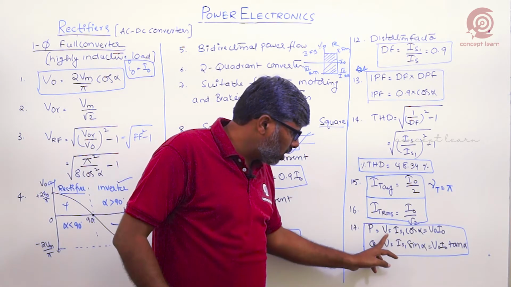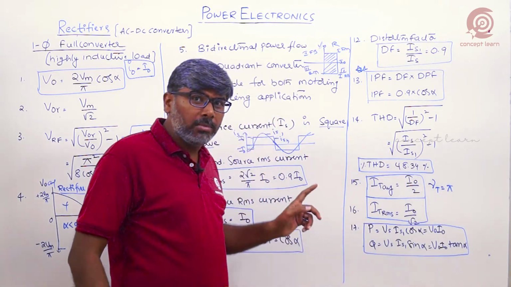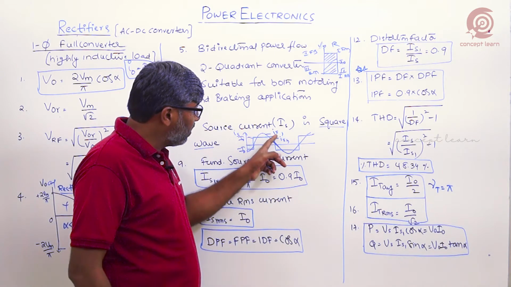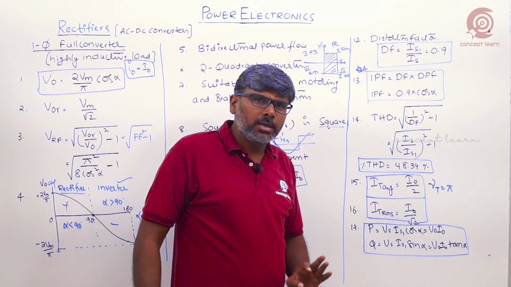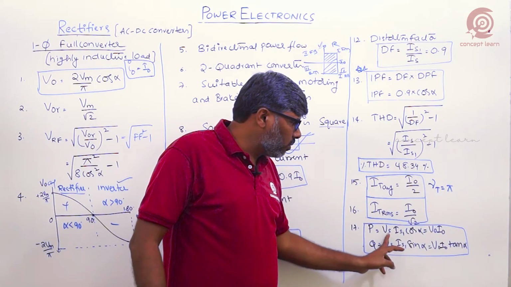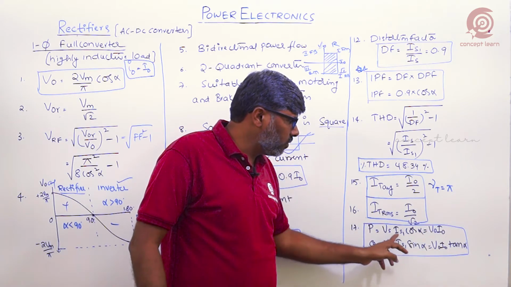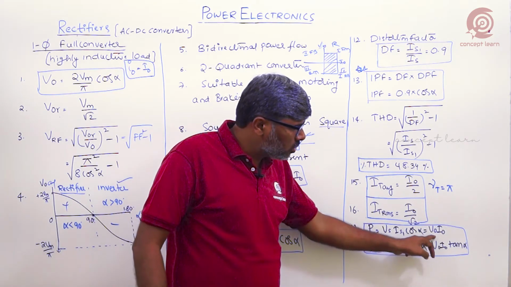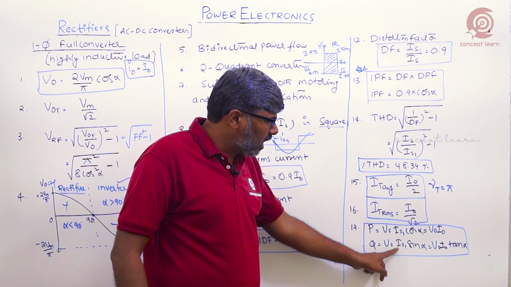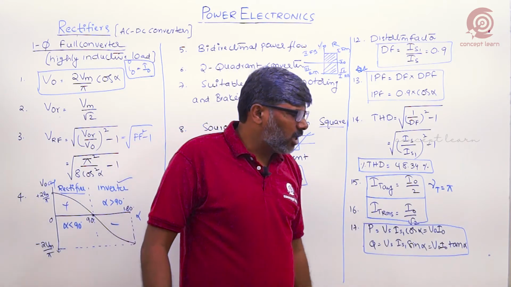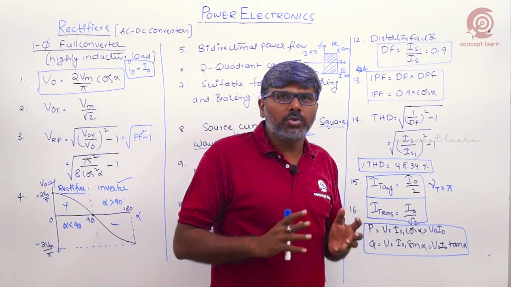We are supplying fundamental voltage, but the current Is is not only a fundamental quantity, it has both fundamental as well as harmonic components. But you should consider only the fundamental, right? Cos alpha is the phase angle between fundamental voltage and fundamental current, which is alpha. So the active power is Vs Is1 cos alpha, also the same as V0 into I0. Q is the reactive power, that is Vs Is1 sin alpha, that is V0 I0 into tan alpha. This is the complete analysis of the single phase full converter.